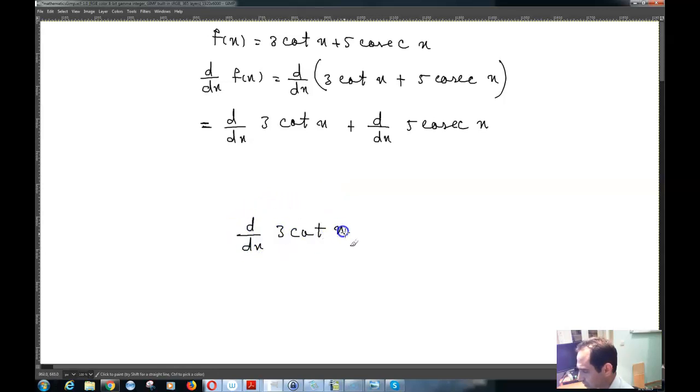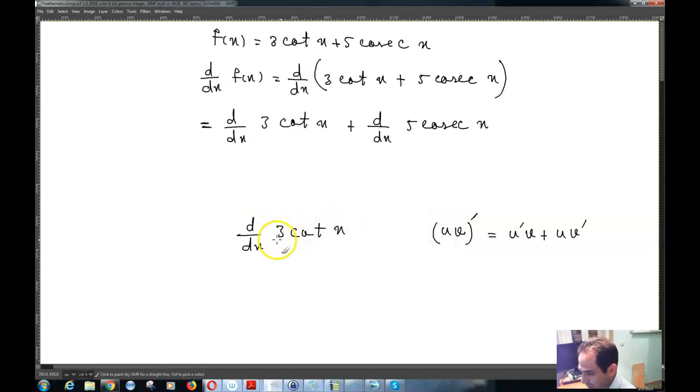Now we said about these functions, for example, d by dx of 3 times cot x, that when you have two functions u and v multiplied together, if you want to take the derivative of that, normally you have u prime times v plus u times v prime.